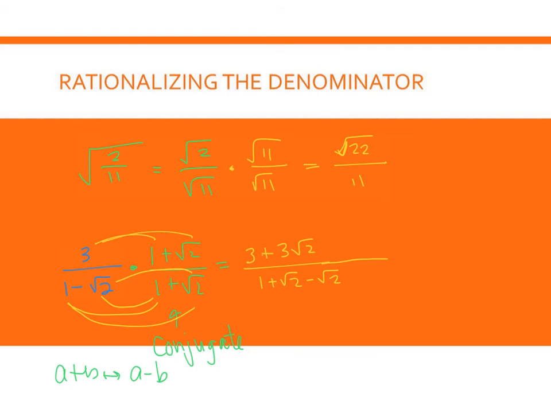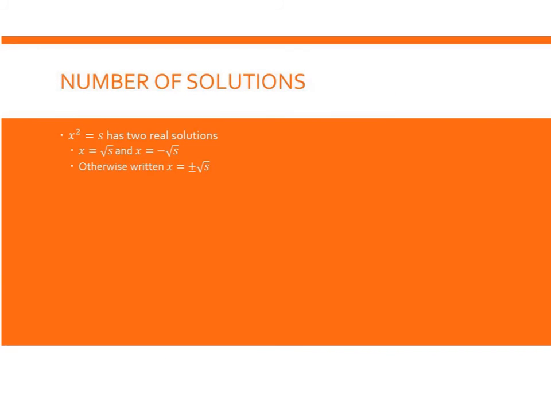And then last is going to be a negative 2, because the square root of 2 times the square root of 2 is 2, and I have that negative sign in there. So those cancel, and we get 3 plus 3 square root of 2 over negative 1, and we'll just leave it like that. Well, no, we won't. We're going to divide by negative 1. Negative 3 minus 3 square root of 2. There you go. There's multiplying by the conjugate. It's a part of rationalizing the denominator.